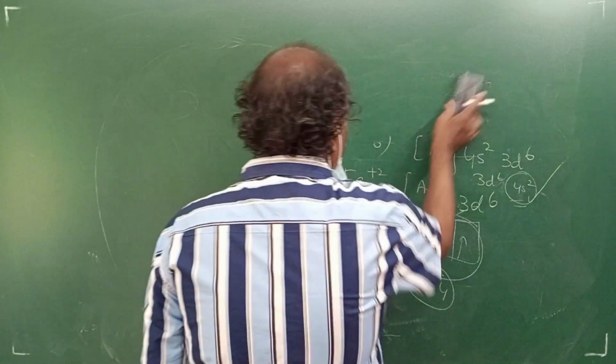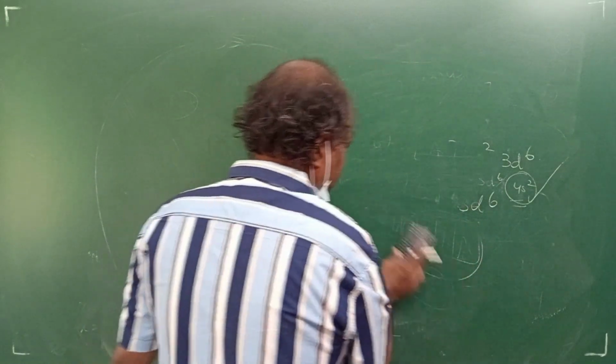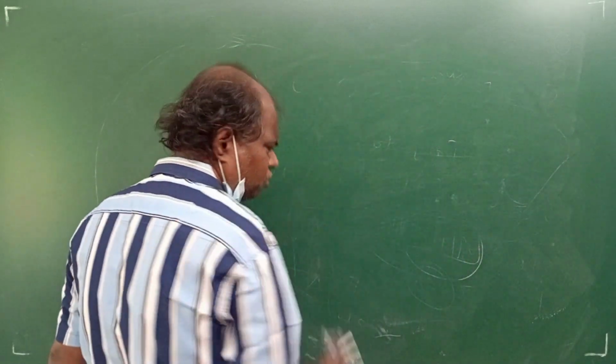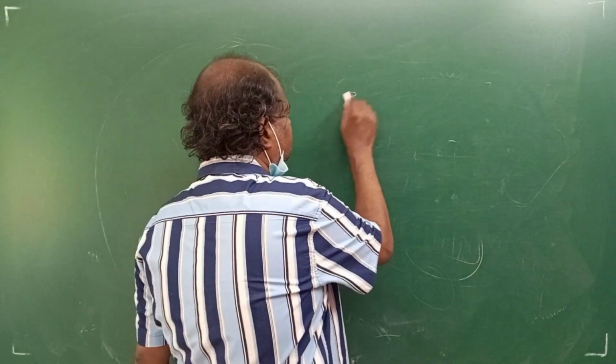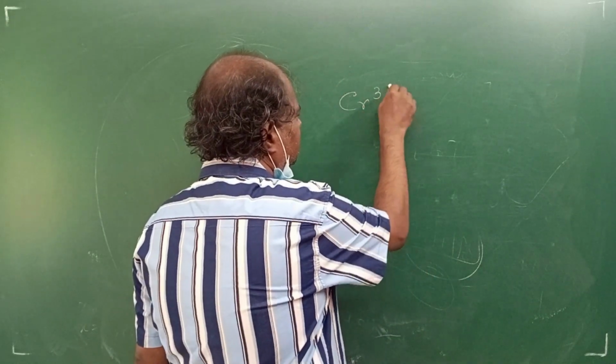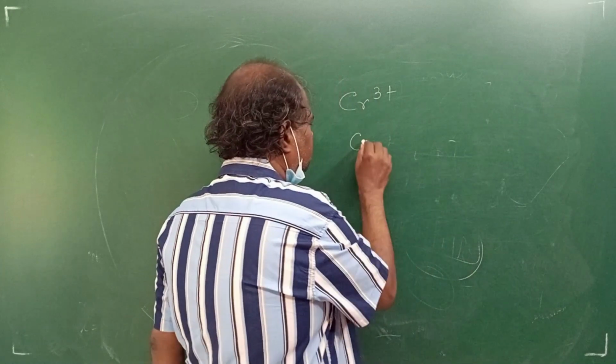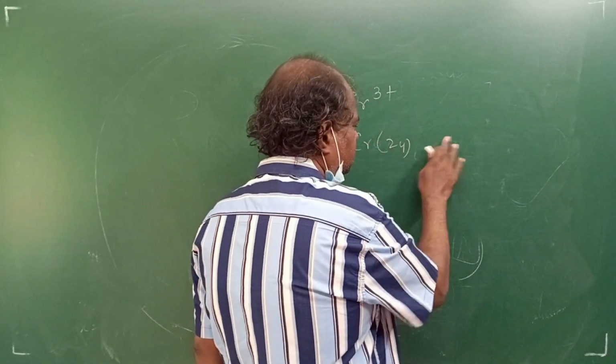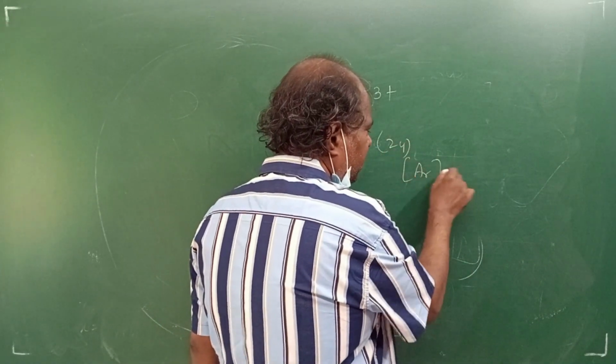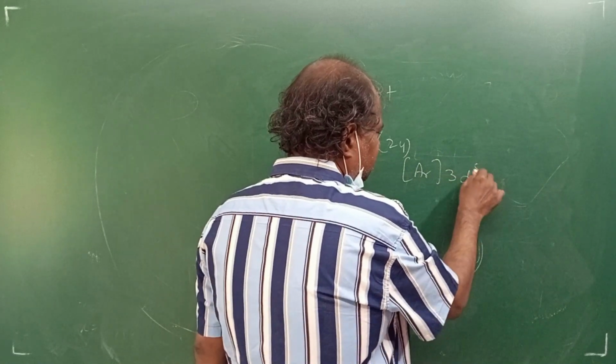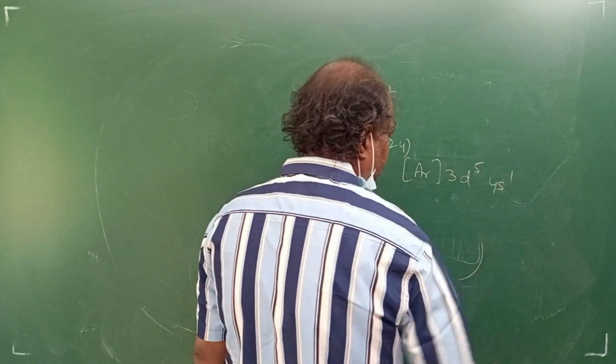Fine. So suppose I give you, listen here, chromium 3 plus. How do you do it? What is chromium? 24. Argon. Now, as I told you, you should write like this: 3d5, 4s1. Remember?